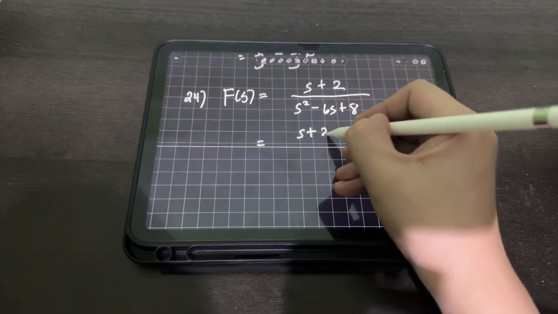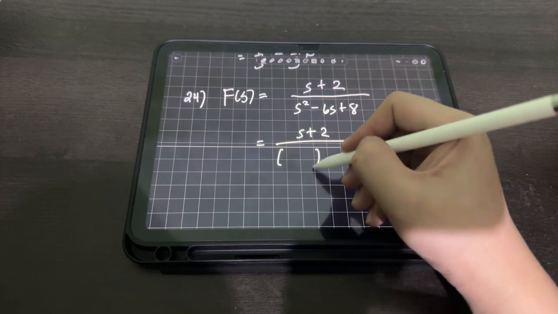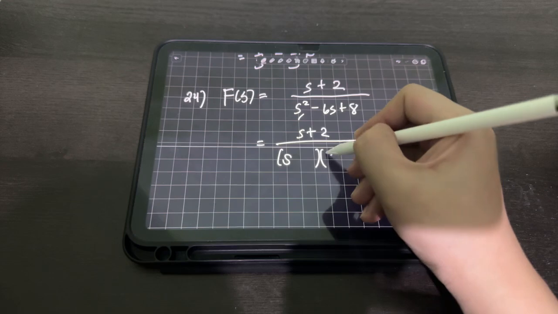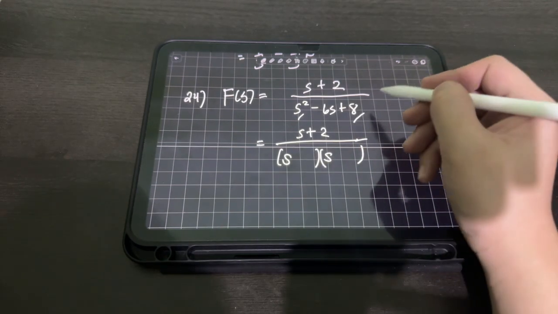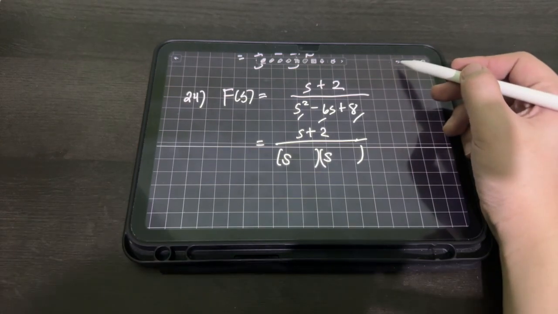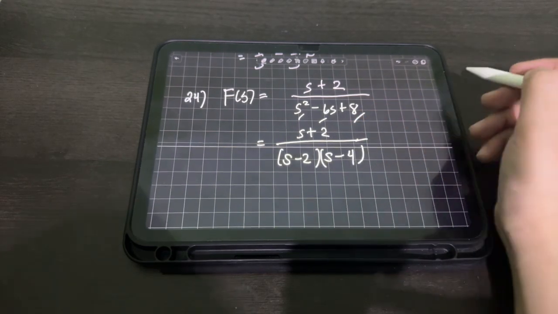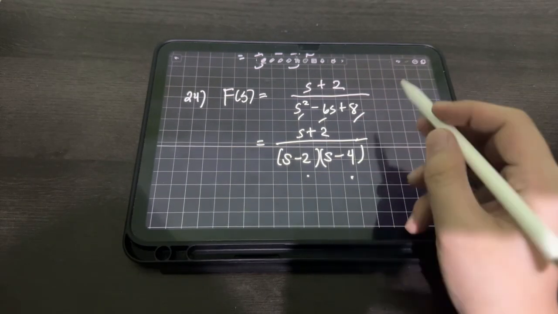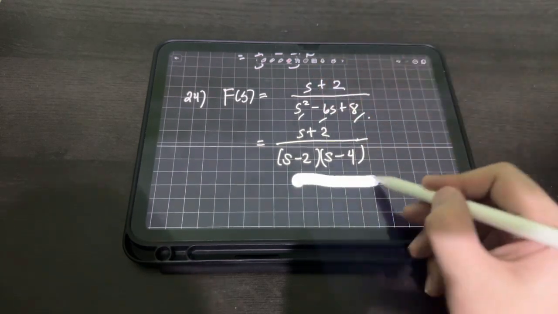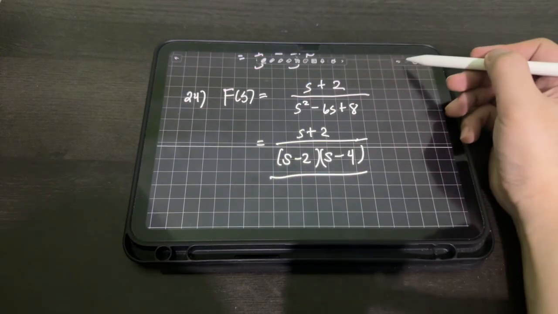So we have s plus 2 over, factoring out s squared minus 6s plus 8 into a product of two binomials, right? Factors of s squared are s and s. And think of the factors of 8 that when you add is equal to the coefficient of s, negative 6. We can have negative 2 and negative 4, right? Because negative 2 times negative 4 is positive 8, and negative 2 plus negative 4 is negative 6. So this is the factored form of s squared minus 6s plus 8.